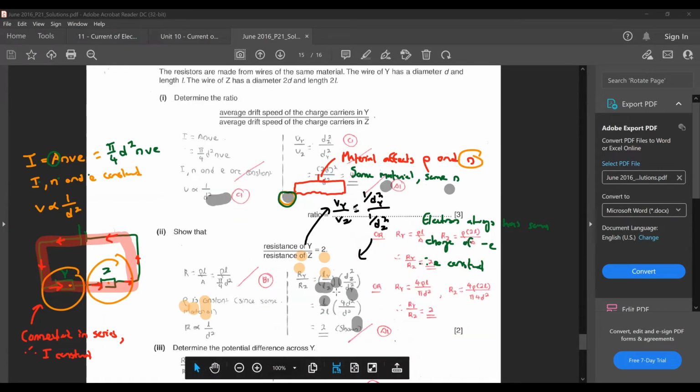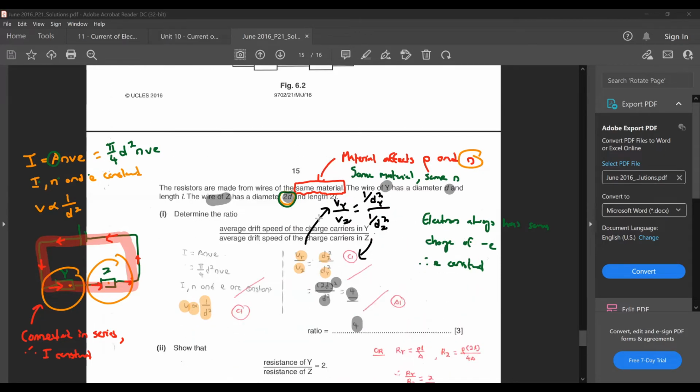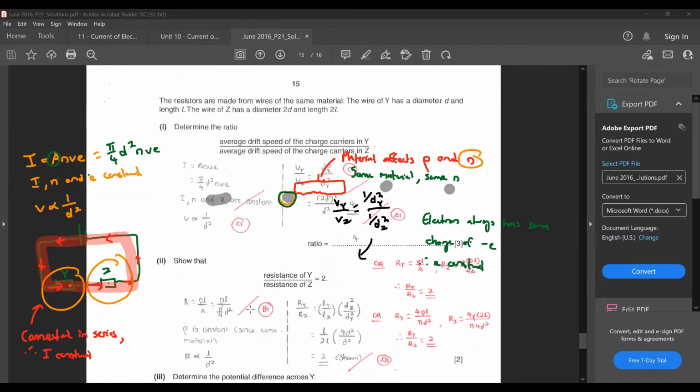Then the next thing here is: show that the resistance of y to z is equal to 2. Now, when you want to show that, there's an equation that you can use that relates resistivity, length, and d together. Generally, how do you know when you need to use the equation R equals rho L over A?